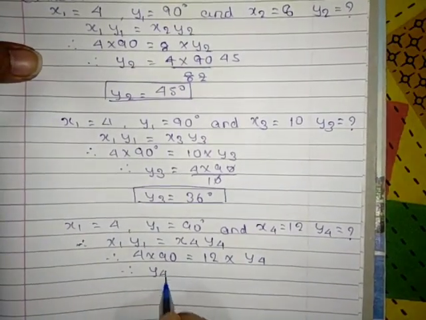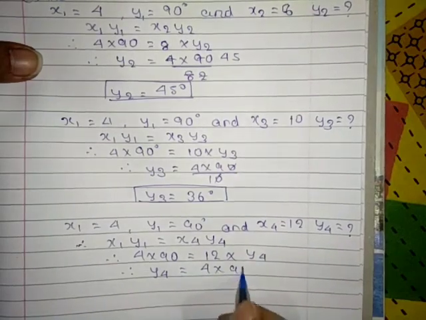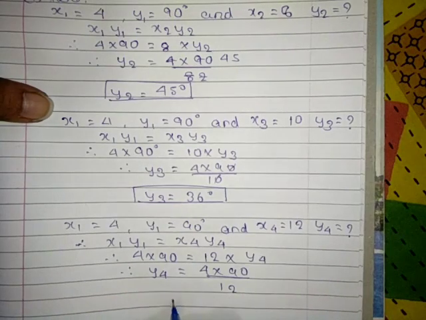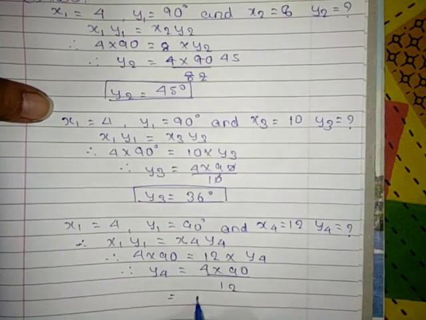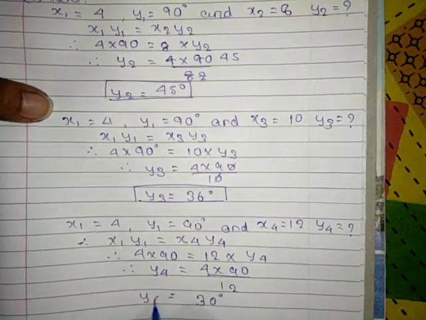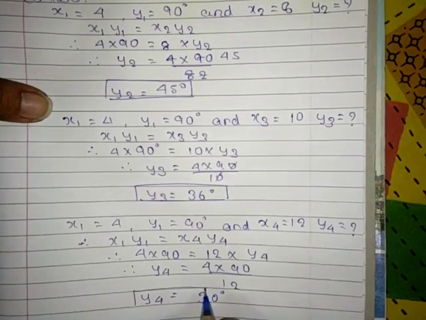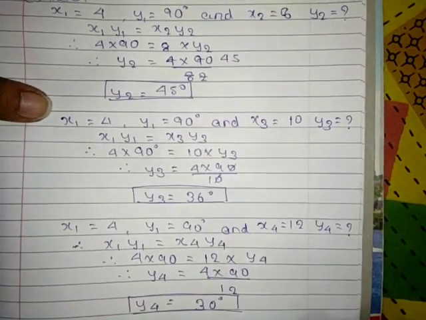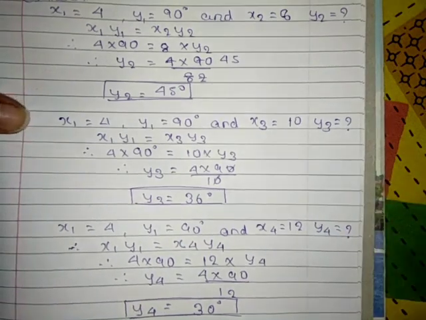Therefore y4 is equal to 4 multiplied by 90 divided by 12, that is equal to 30 degrees. So when the number of spokes is 12, the angle between the two spokes will be 30 degrees. This way we can complete the table.